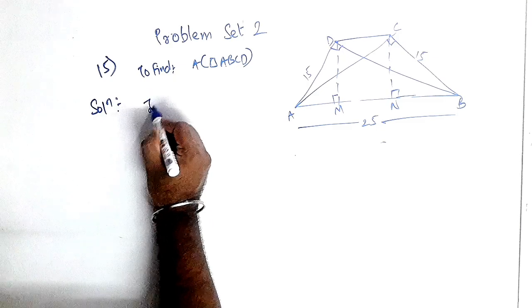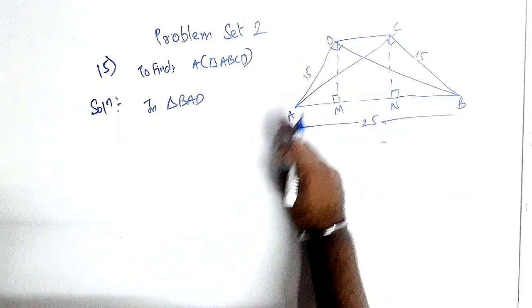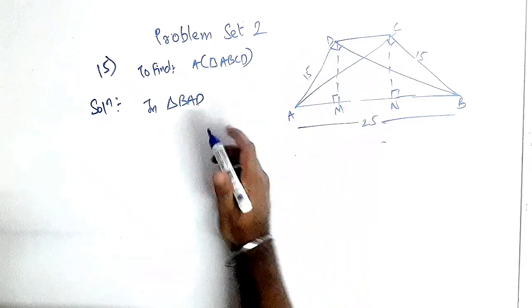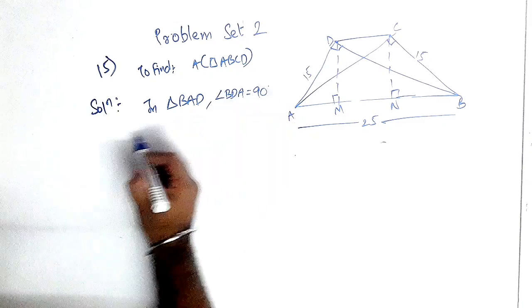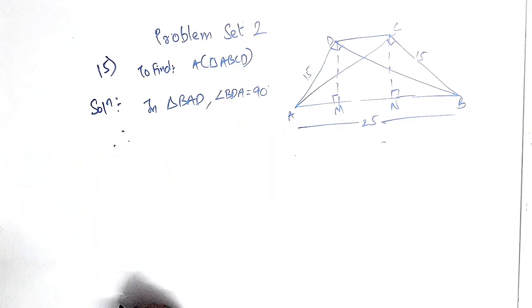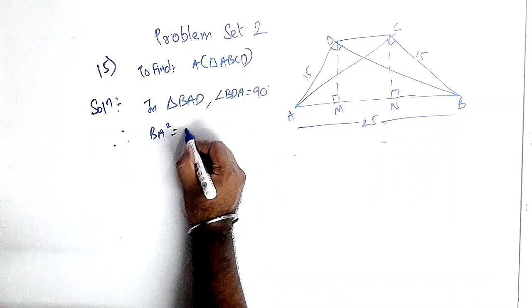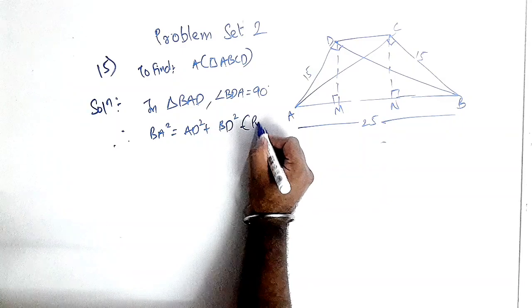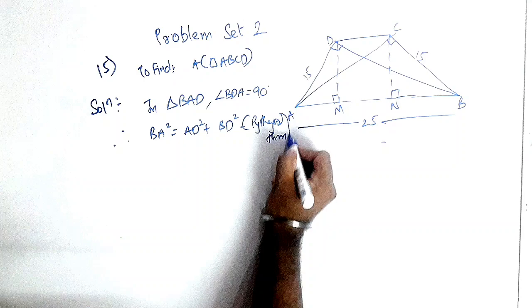Okay, so if you see in triangle BAD, this is a right angle triangle. Angle BDA equals 90 degree. Therefore BA square, BA is the hypotenuse, is equal to AD square plus BD square. This is by Pythagoras theorem.